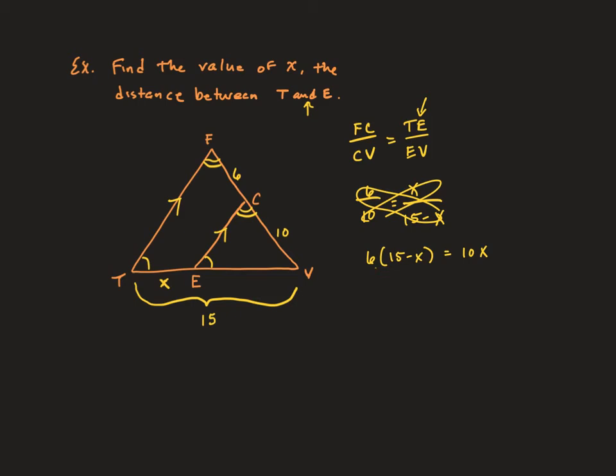6 times 15 is not 80, that is going to be 90 minus 6X equals 10X, and again going to add 6X to both sides.